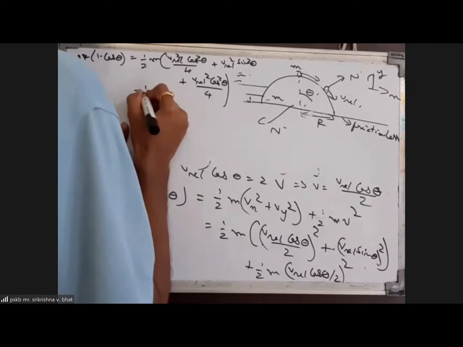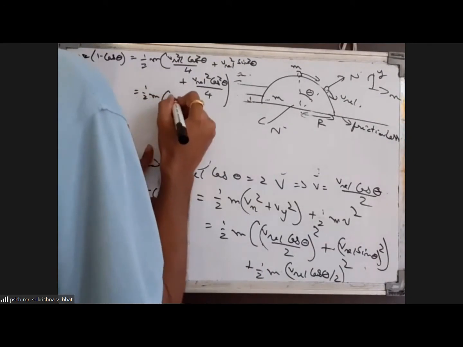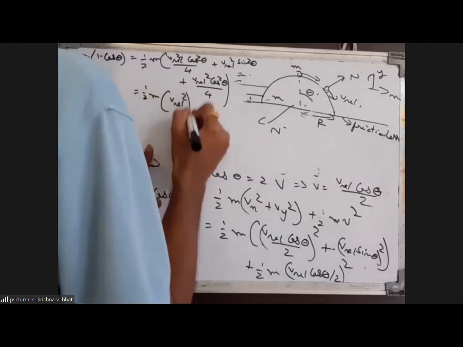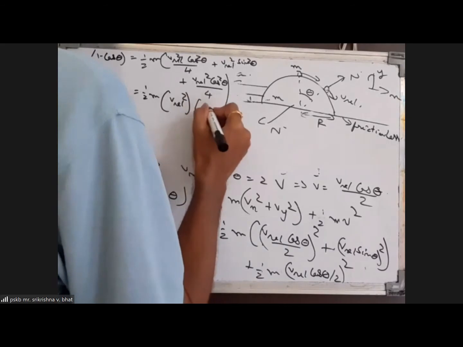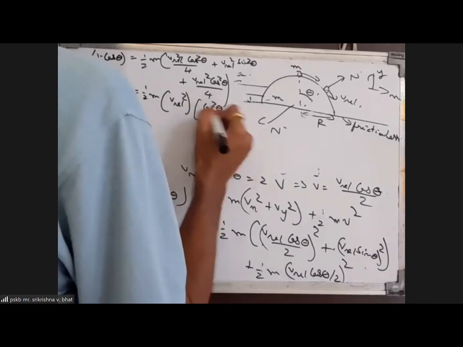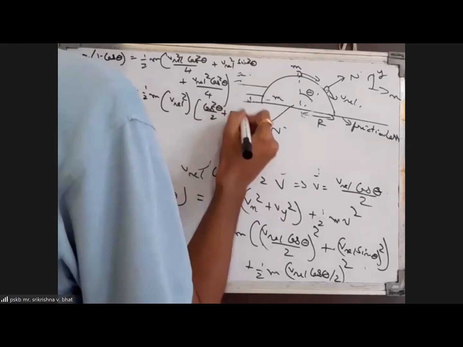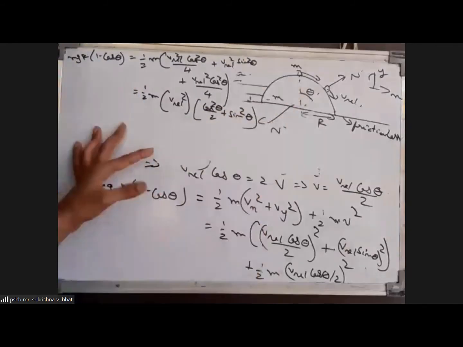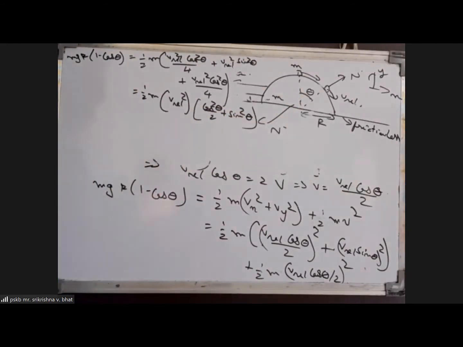So this is also the same as half m into v relative square into cos square theta by 2 plus sin square theta. Okay, this is what you get.